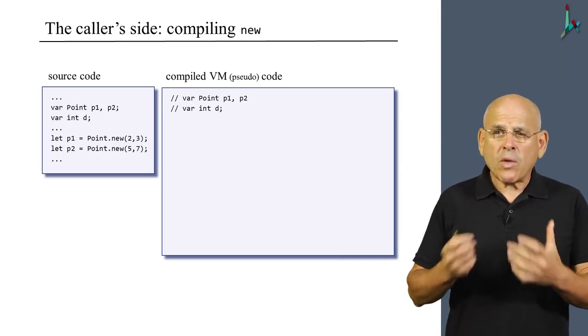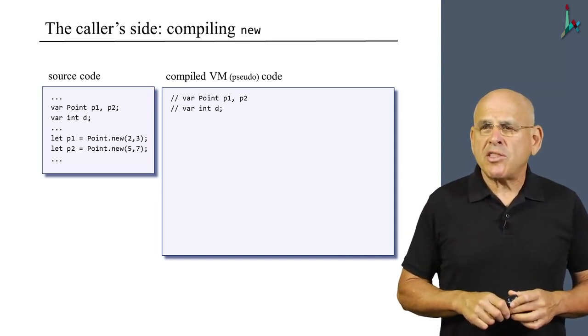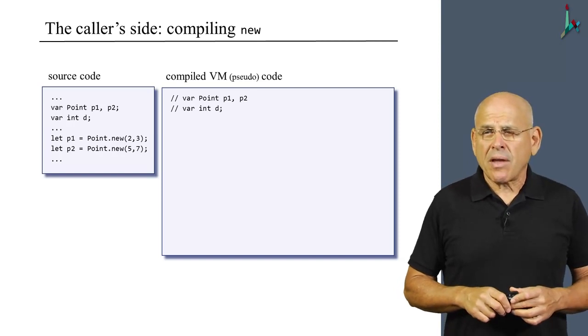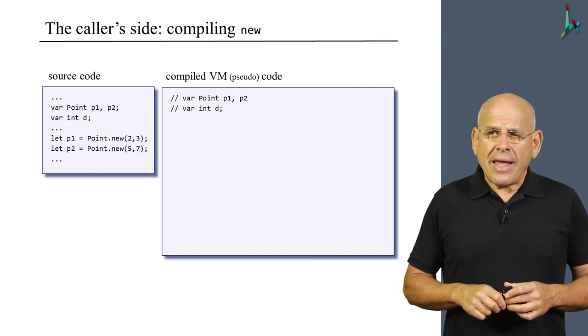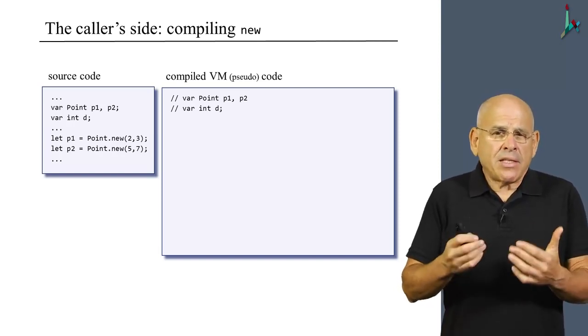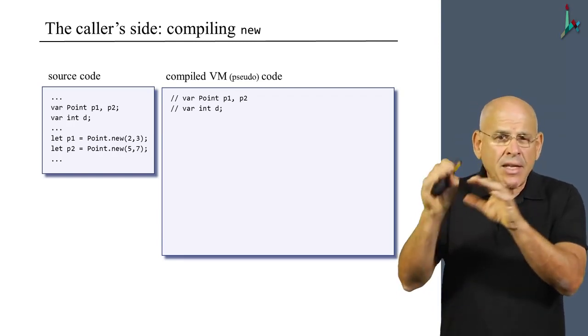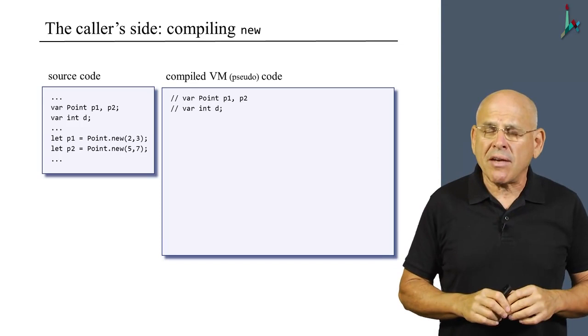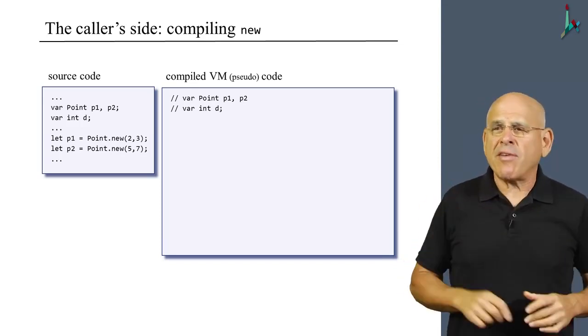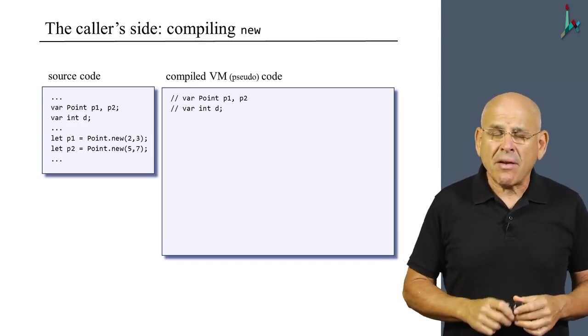So first of all, what will the compiler do with these two variable declarations? Now, actually, the compiler deals with every statement one at a time, so it's a little bit misleading that I wrote two statements together here, but I'm doing it just to save space and minimize clutter.